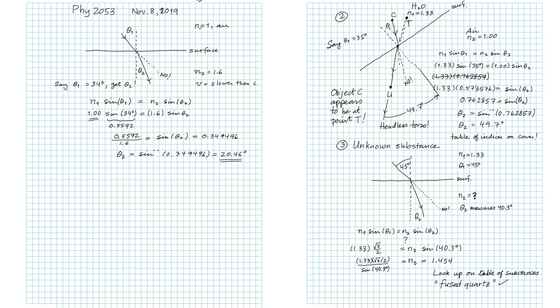So this little dotted line, I'll just put the word no. The refracted ray does not go along that same steepness angle, right? It bends to this, it's a little bit steeper now. And when you let the numbers do the talking, you get 20.46, okay?